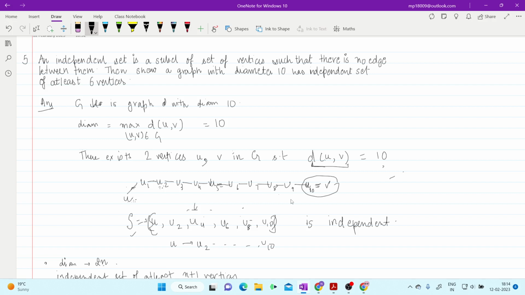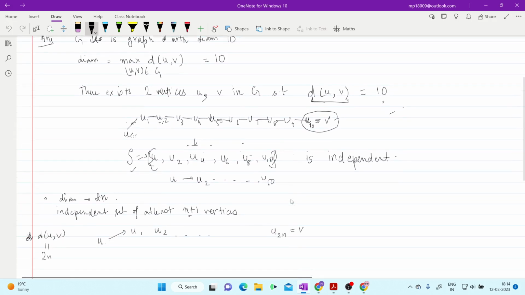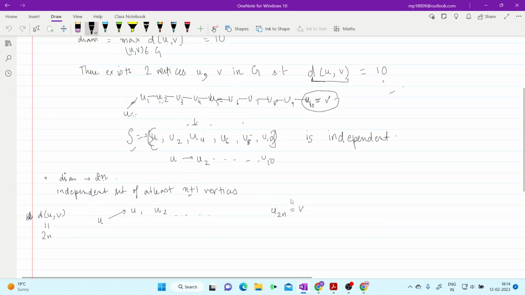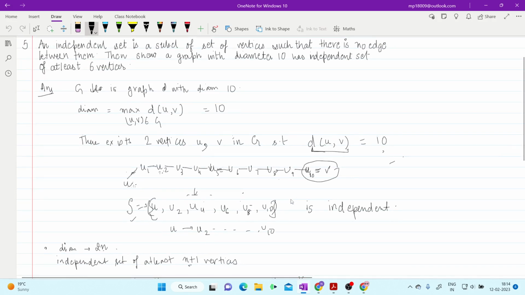No, we are deriving that expression for the general case. You wrote diameter 2n, then independent set of at least n plus 1. This is not that example, so I am generalizing it. Here the diameter was 10, and we were getting an independent set of at least 6 vertices.